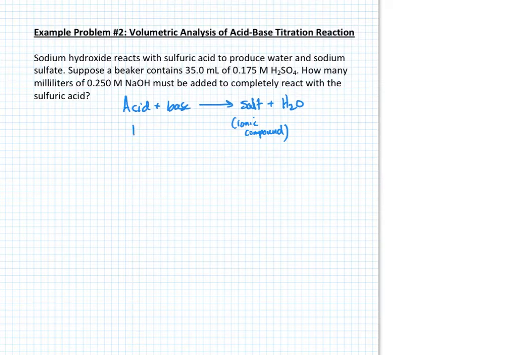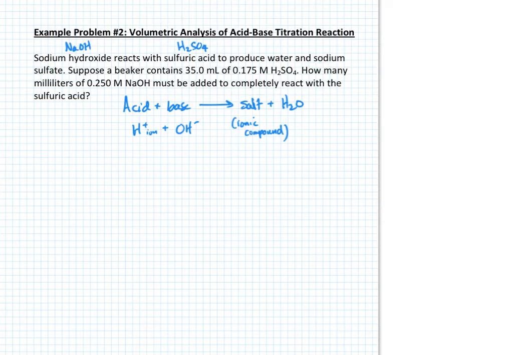Acid is something that has an H+ ion. Base, often in this case, will have an OH- ion. So it's an H+ ion plus an OH- ion, yielding salt plus water. So sodium hydroxide is NaOH, and sulfuric acid is H2SO4. These are some of the acids and bases you're supposed to know the formulas for. And you notice the products are sodium sulfate and water.